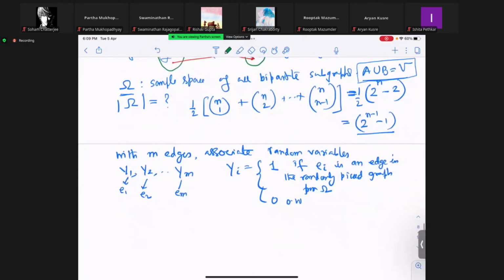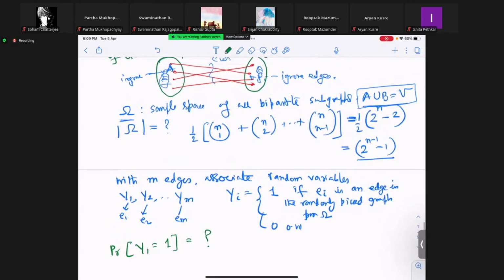So what is the probability that, let's say, y1 equal to 1? Sir, but I'm not sure that if we randomly choose a partition of A and B, then that is indeed bipartite. No, that is not bipartite.